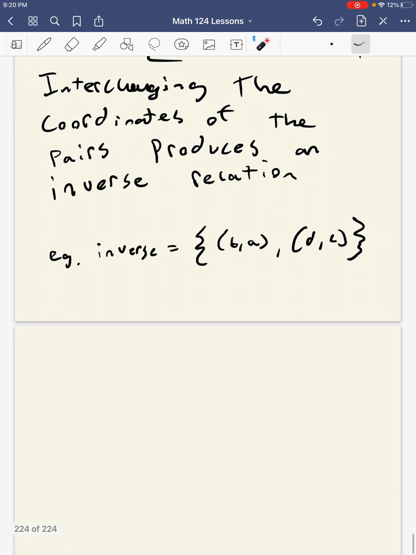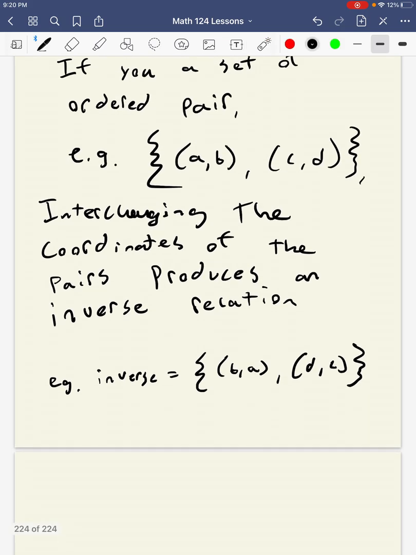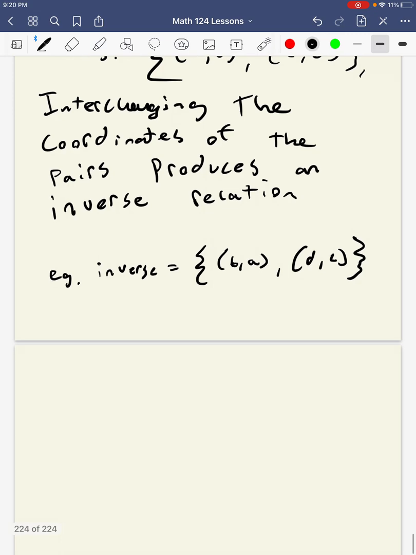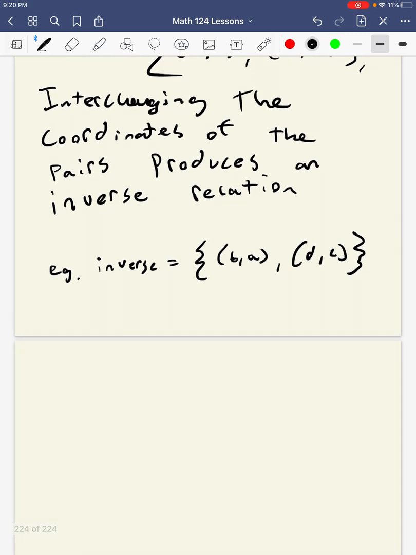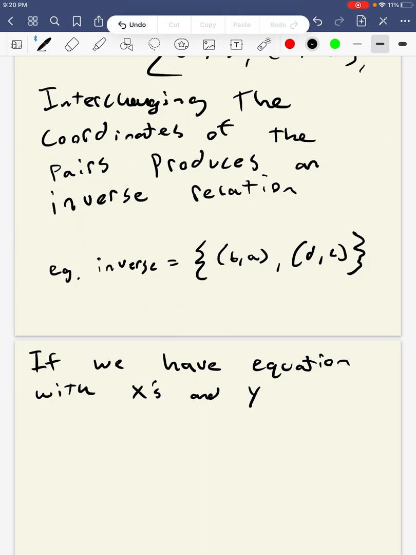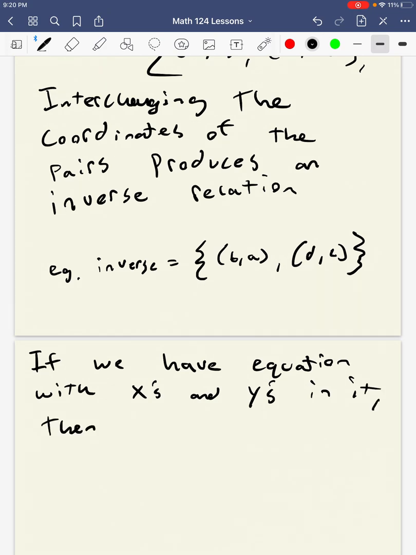Now, there are other ways of representing a relation. If you review the chapter 1 stuff, you may remember we could use an equation or a formula to represent a relation. So if we have an equation or a relation with x's and y's in it, then interchanging the x's and the y's gives you the inverse relation.